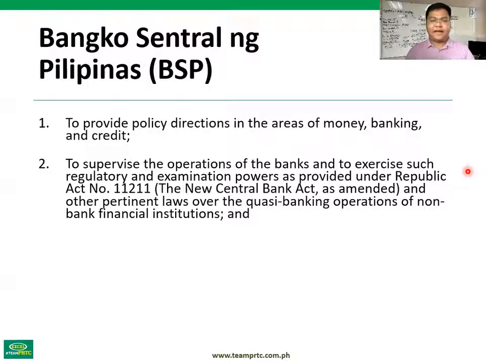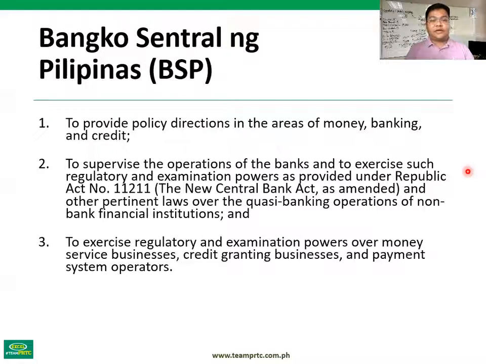So meaning BSP has jurisdiction not only over banks, but as well as other non-bank financial institutions doing quasi-banking functions.